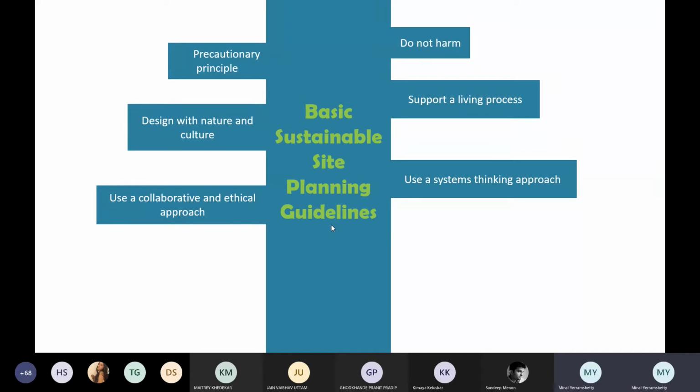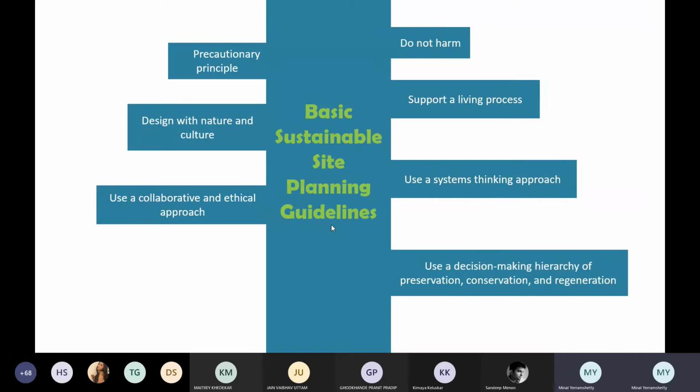Okay. Use the decision making hierarchy of preservation, conservation, and regeneration. We just talked about it, so I will not really go into it. But if you know that you have a certain important, valuable asset on your site, which will come out of your analysis, then try to preserve it or conserve it, and go ahead with your planning.